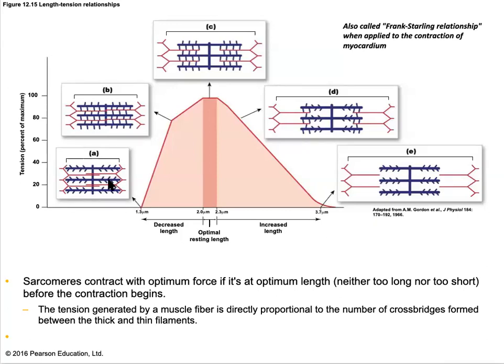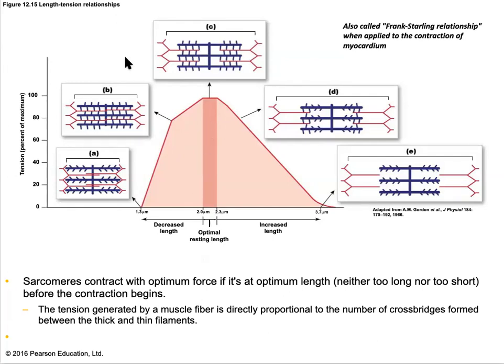And something happens when you go down on this end of the curve. So there is an optimal point at which these two have the maximal amount of overlap, and at this point we're able to generate the maximum amount of force.